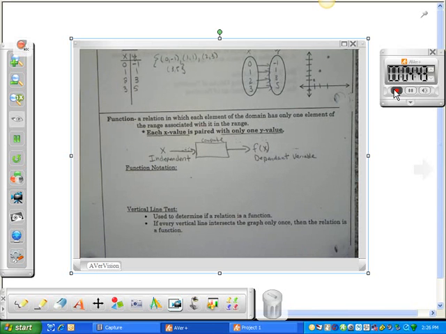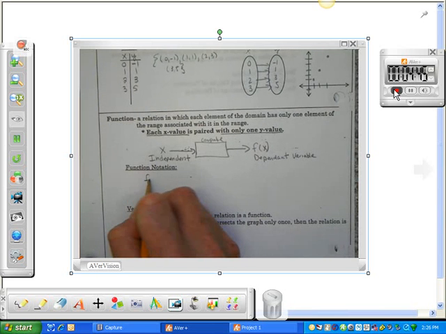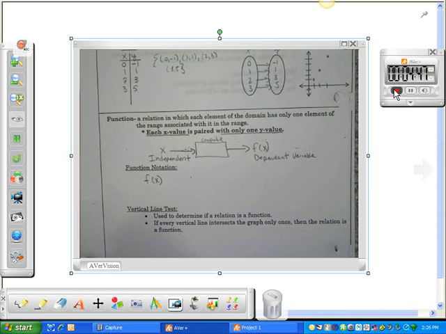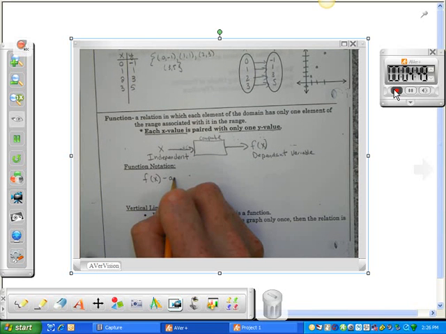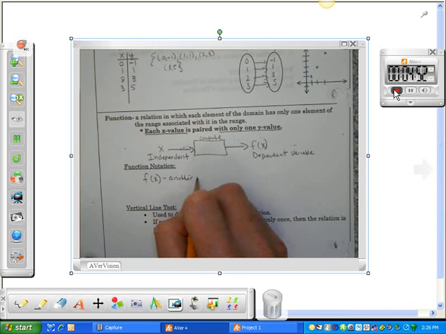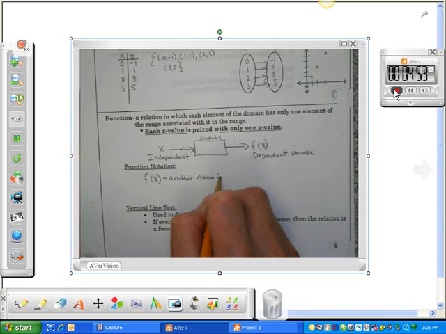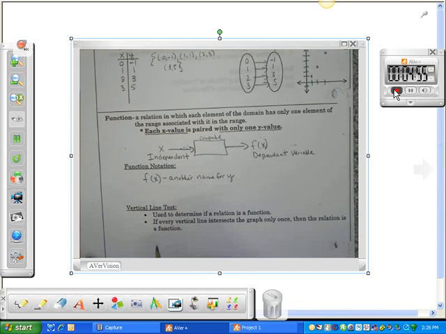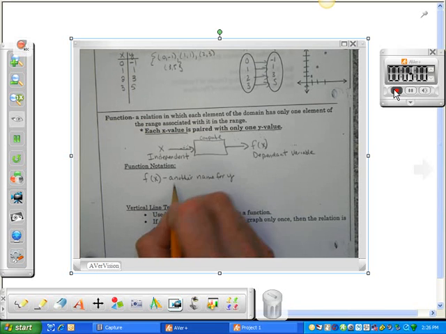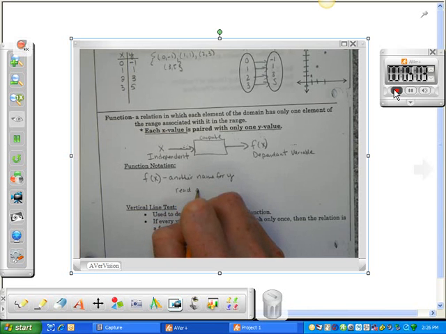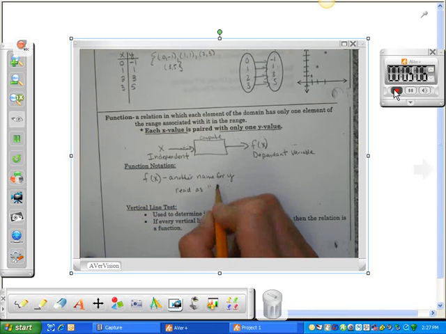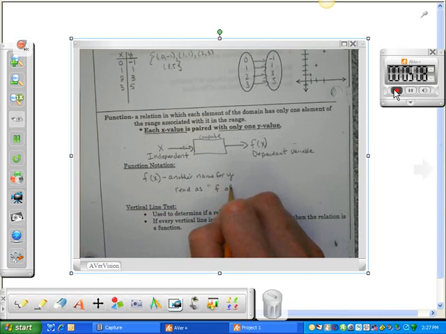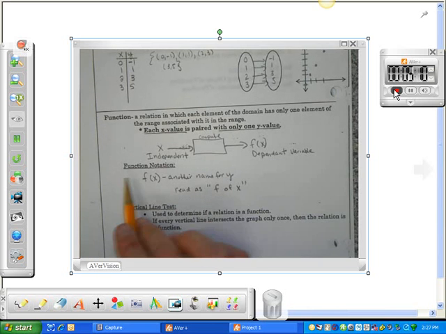So function notation is basically f of x, and that is just another name for y. And we will be using f of x notation from now on in Algebra 2. So we read this as f of x. That's how you say it, f of x.